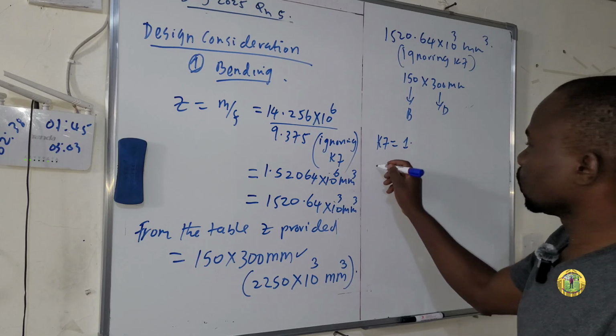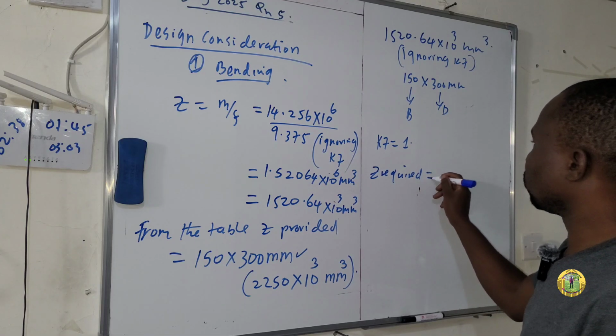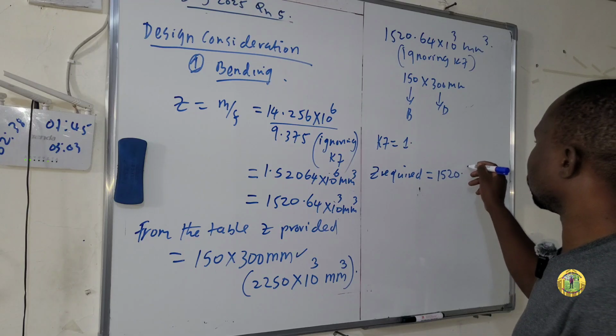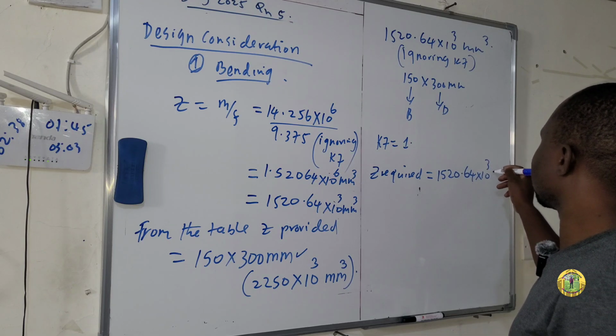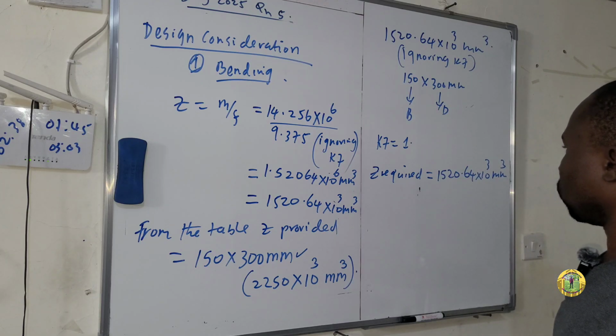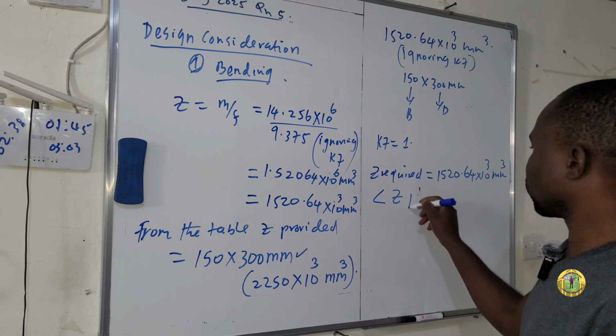So it means Z required will remain the same, 1520.64 times 10 raised to power 3 millimeter to the power of 3, which is less than Z provided.